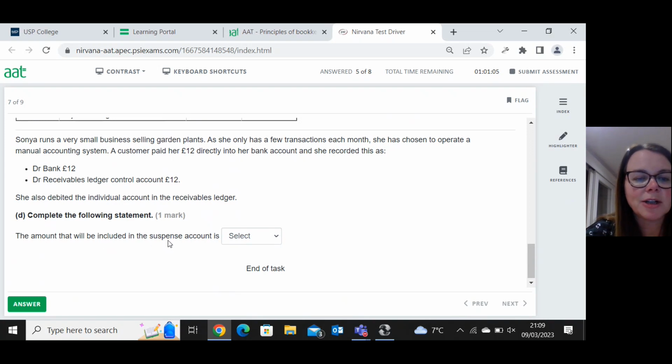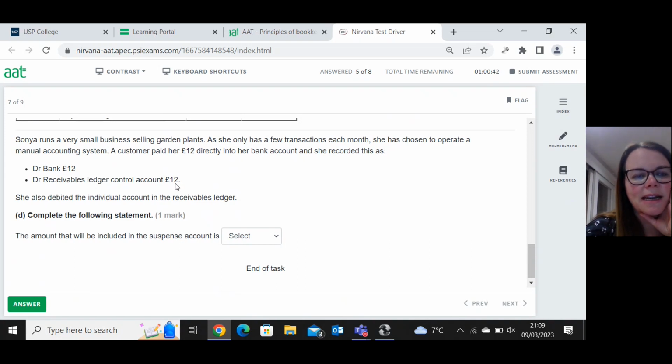Right, the amount that will be included in the suspense account is... Right, so as a result of this, we've got too many debits. So that means, well, how much would we be out by?